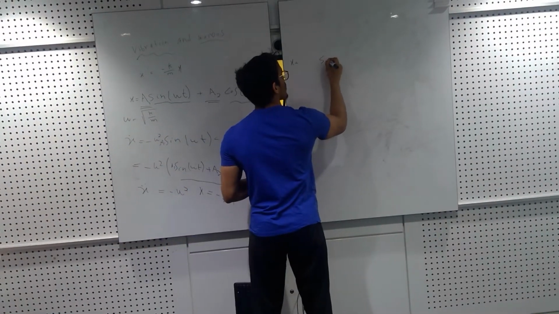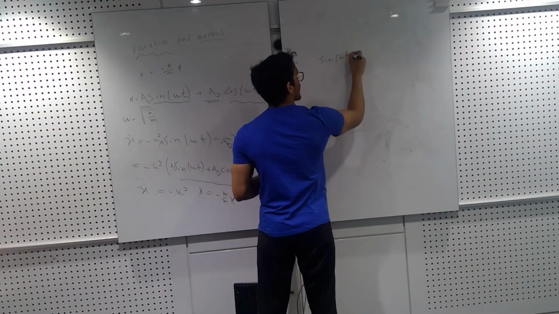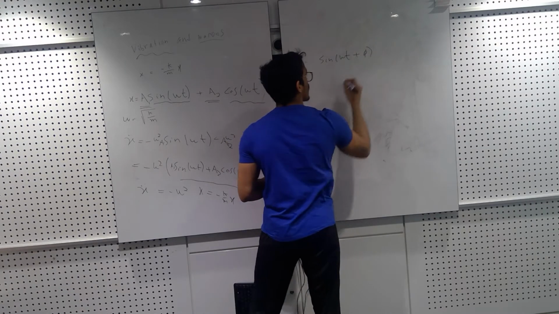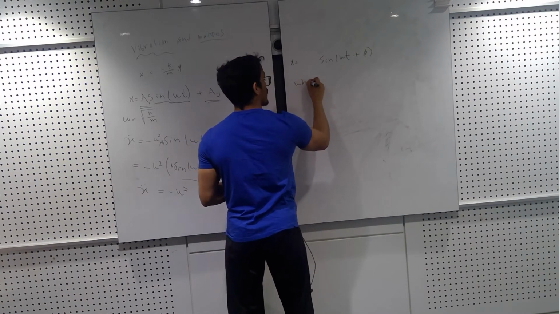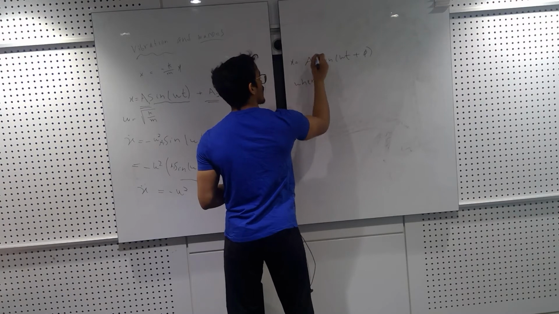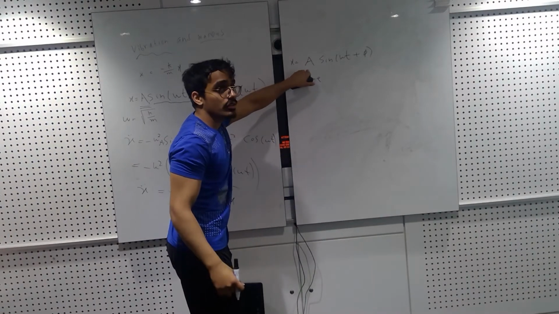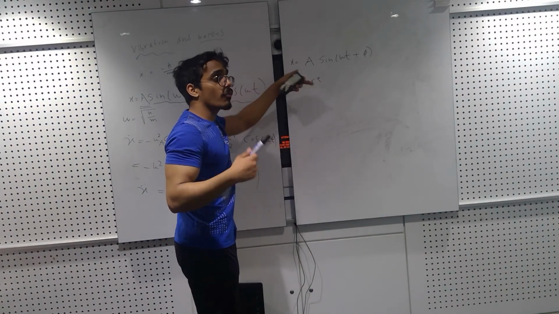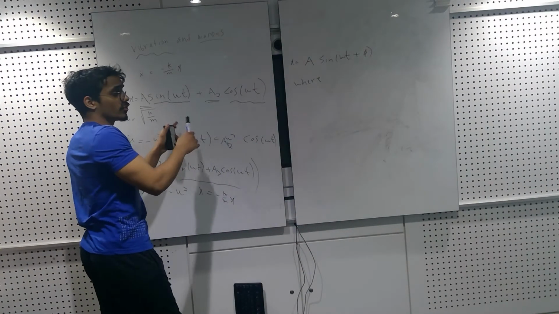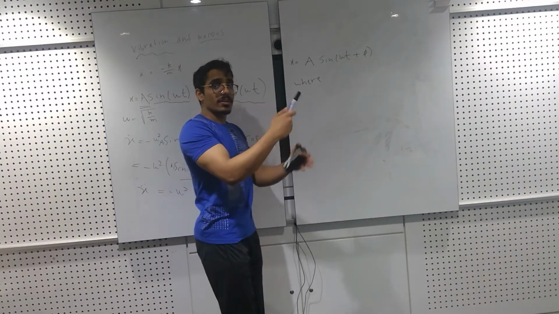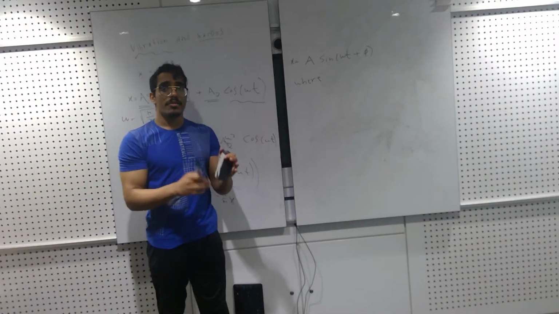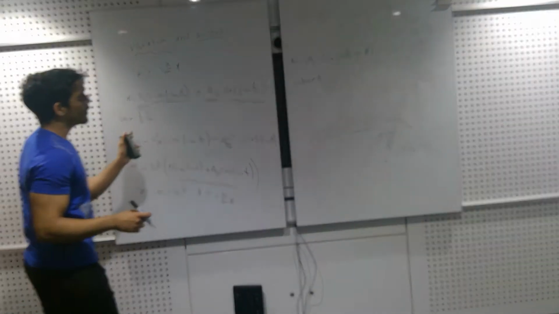a sine of omega t plus phi, where a, we call this the overall amplitude, because this is a cosine and sine, and they will interfere with each other. They will have the same time period.